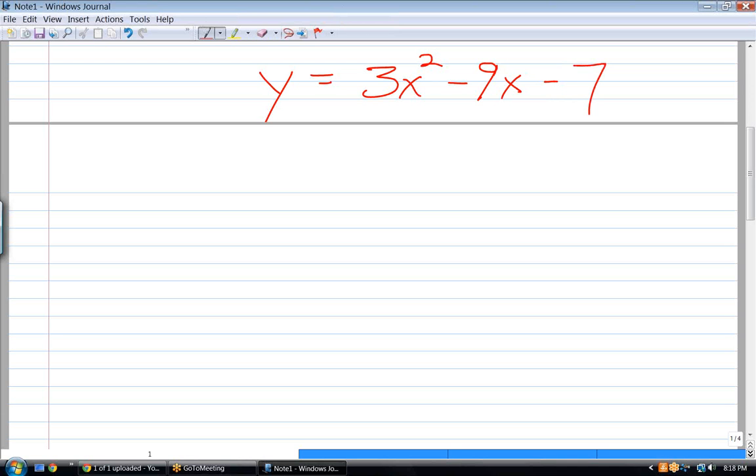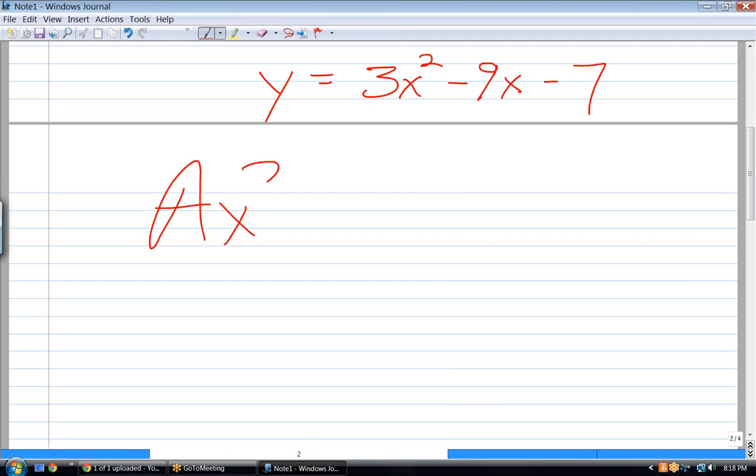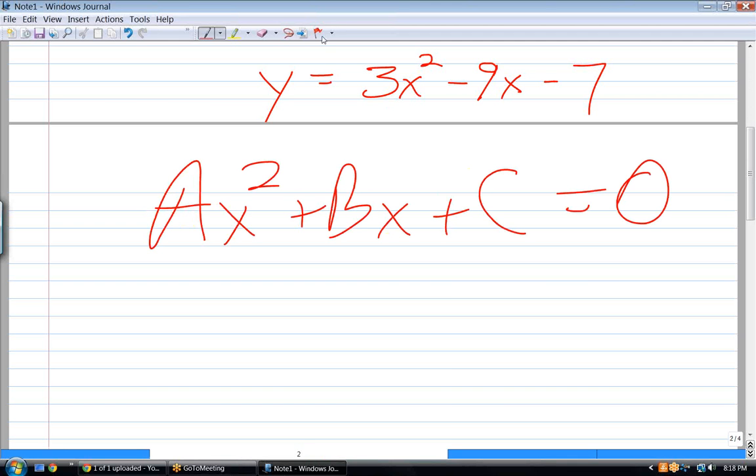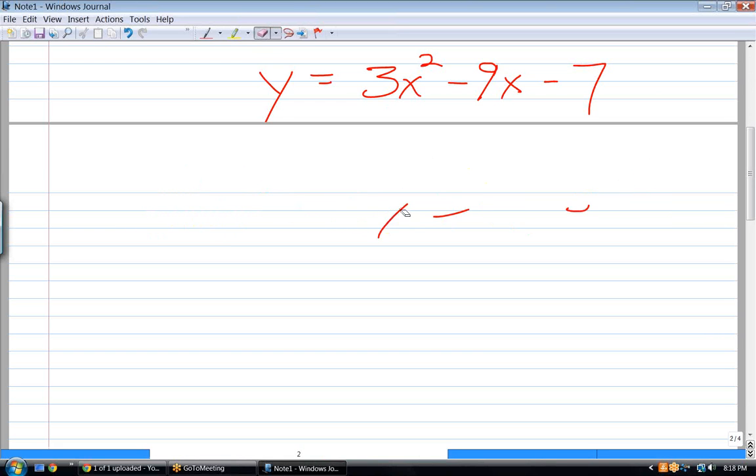So first of all, let's put it into vertex format, which is standard format also. Okay, it's actually not standard form. I just realized standard format is ax squared plus bx plus c equals 0. Yet vertex format is something totally different, and I just saw in a test the other day that somebody showed me that they asked for standard format and they meant vertex format.